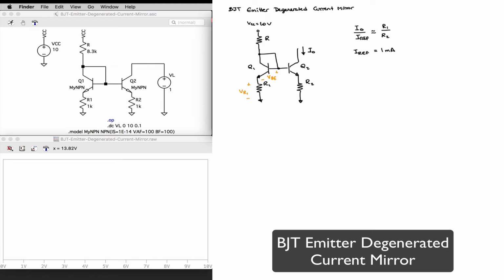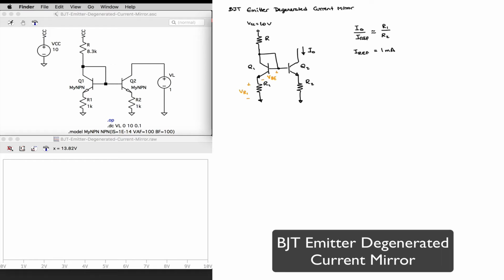And I can assign that whatever I want it to be, but notice that the higher that voltage, well, I guess it depends on the ratios that I have chosen for R1 and R2, but typically the higher that voltage, the lower my output compliance range will be, because I will need my output voltage to be equal to one saturation voltage for Q2 plus whatever voltage drop I need across resistor R2.